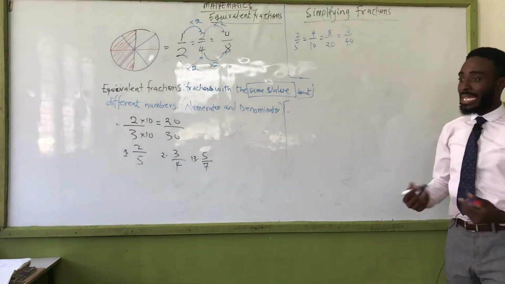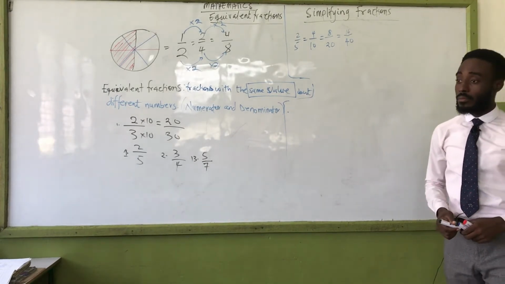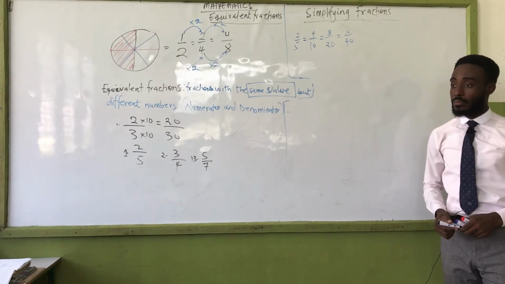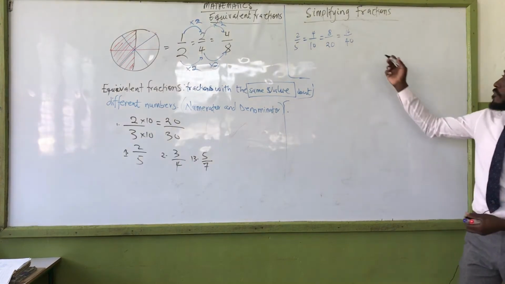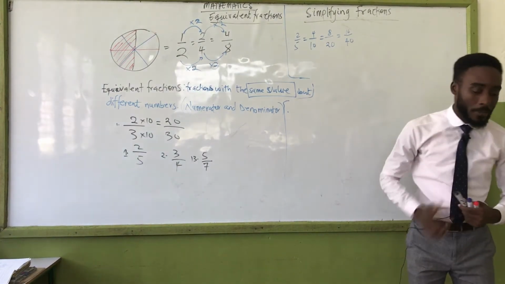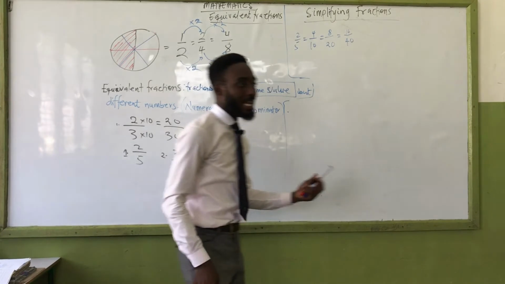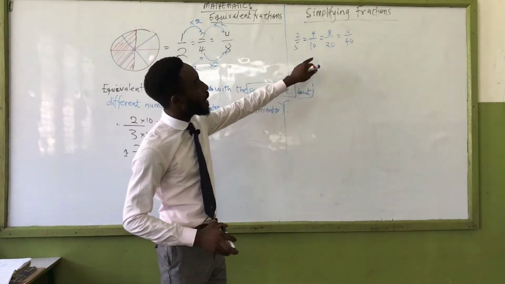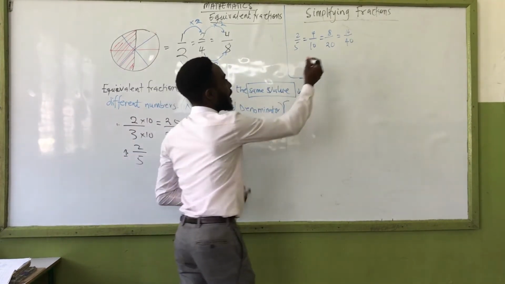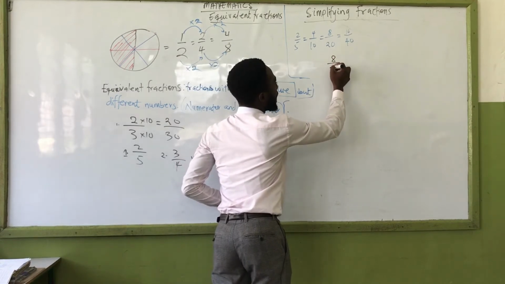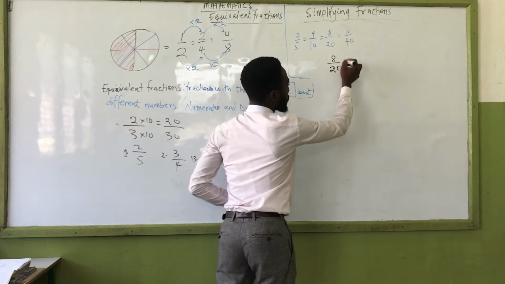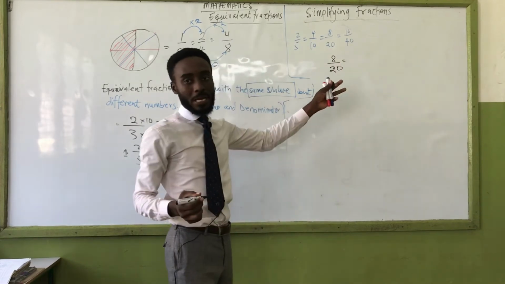So how then? In a case where the team does not agree on the same number, and I'm given a number like 8 out of 20, let's start from there.